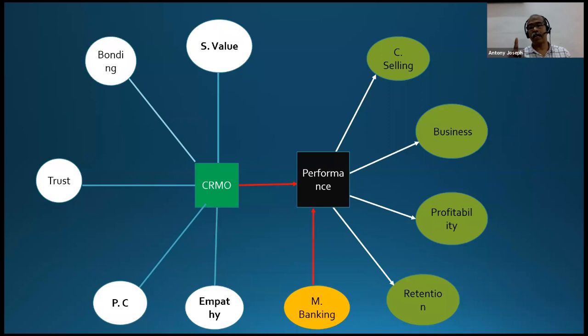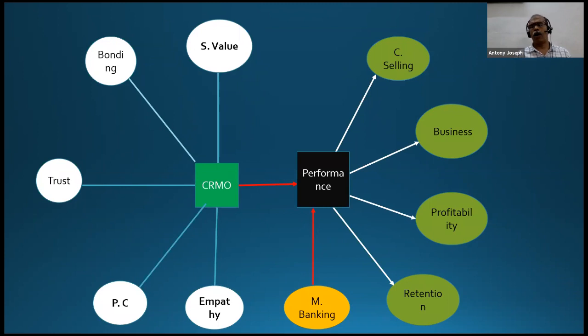Once again, the variables used for assessing the performance at the branch level of banks are based on the self-assessment of branch managers regarding the cross-selling effectiveness at the branch, then growth in business, growth in profitability, and success in customer retention.